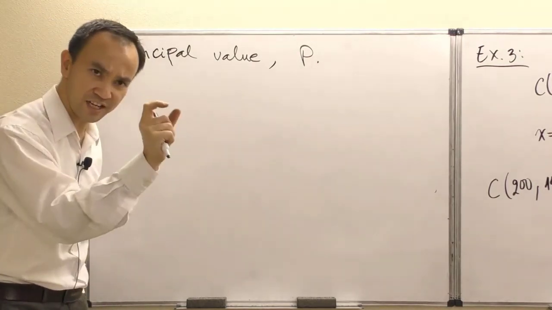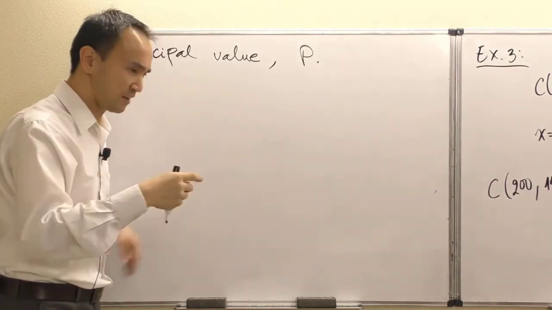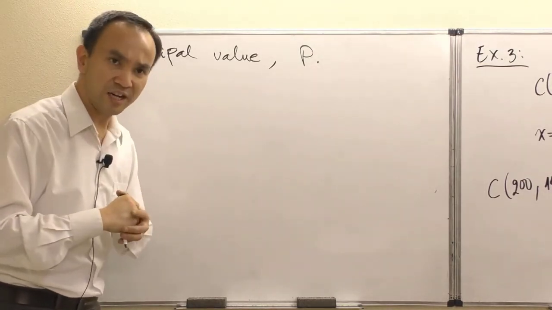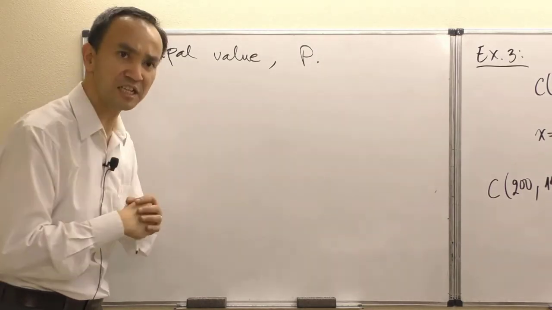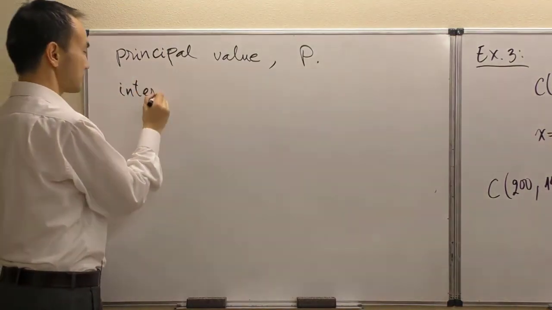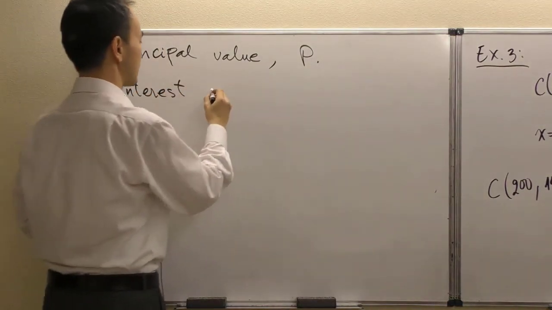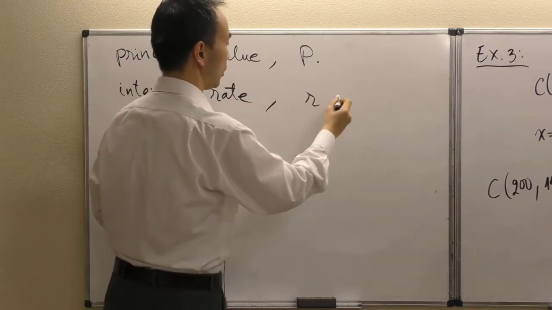The rate indicates how quickly your money is growing, or in other words, how much they pay you yearly by default. So there's the interest rate, and normally it's written in percentages.